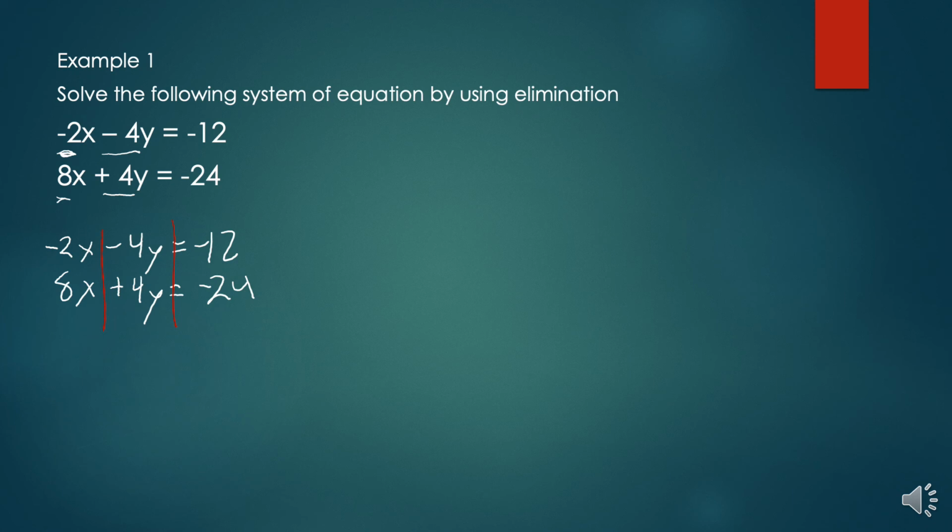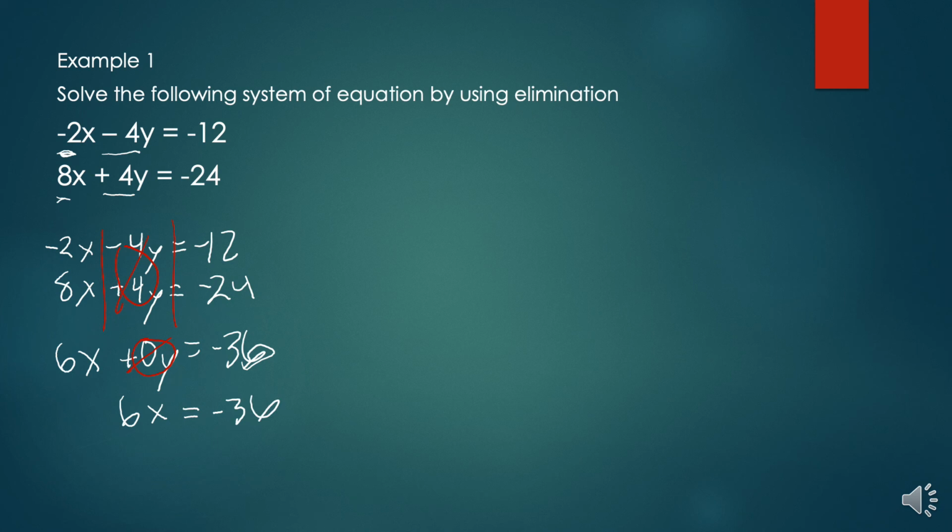So negative 2 plus 8 gives me positive 6x, negative 4y plus 4y gives me 0y, negative 12 plus negative 24 gives me negative 36. But since 0 times y gives me 0, I don't need to write this. It just basically means 0. So just going forward, that variable has officially gotten eliminated.